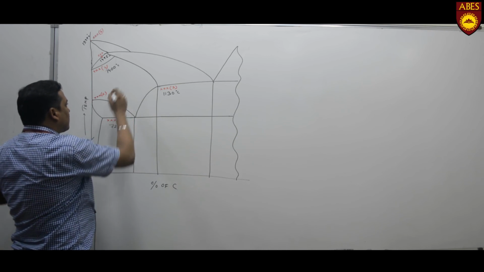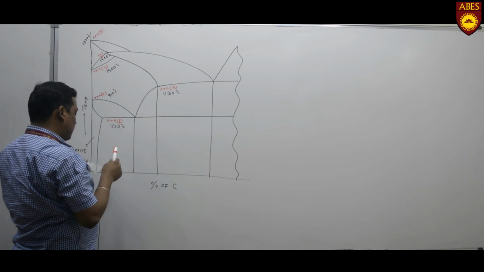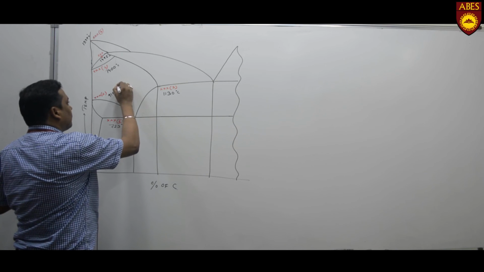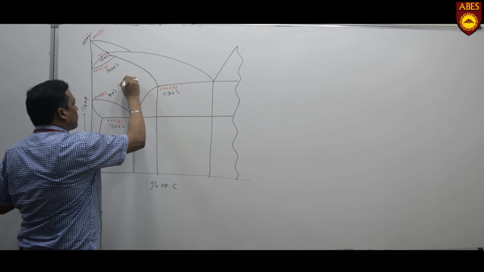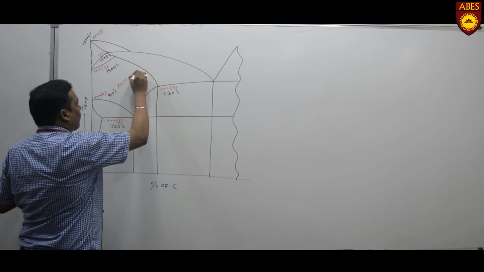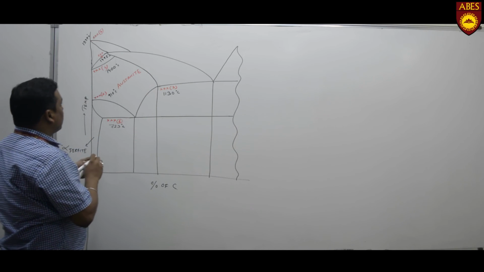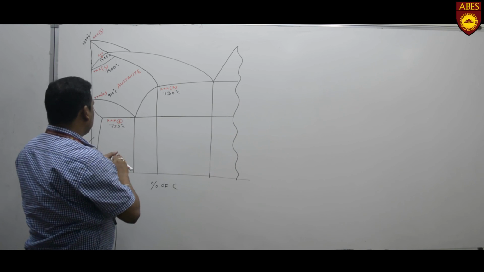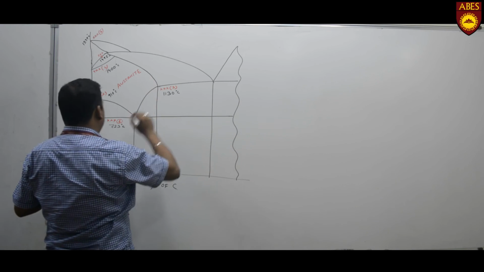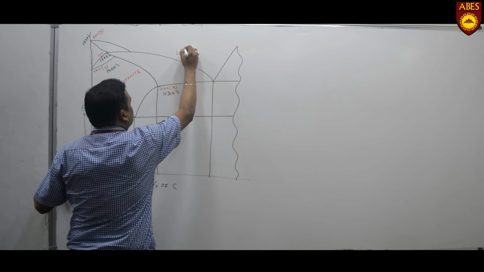This is called austenite. So we can write in red color, it is the austenite. After austenite, this is the liquid section.